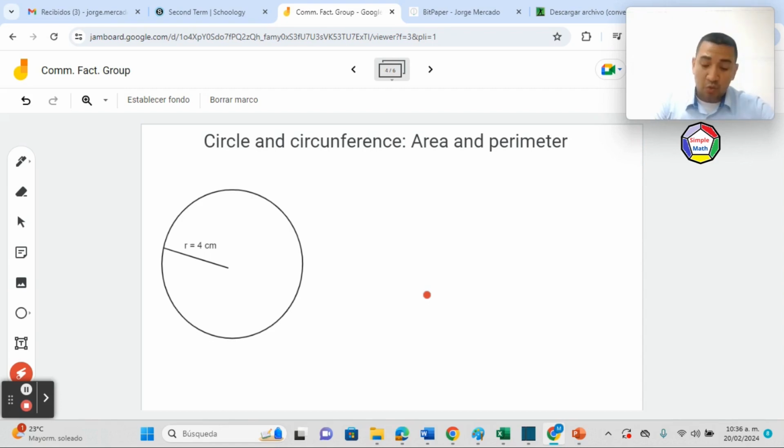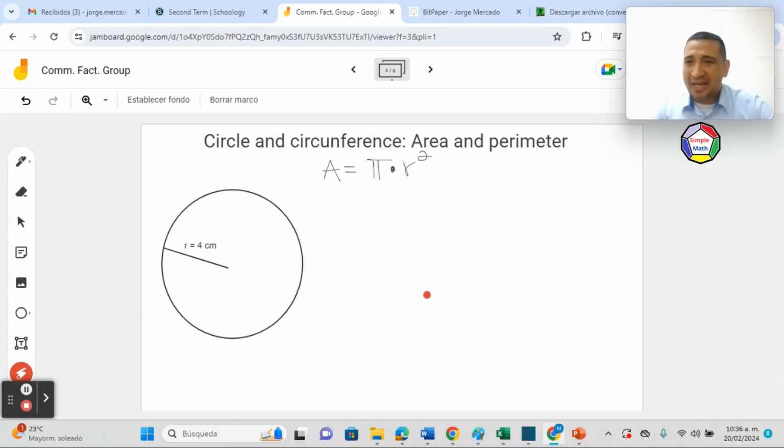So, what is the formula to calculate the area of a circle? The area of the circle is pi times the radius squared, or radius to the second exponent, or radius raised to the power of 2.